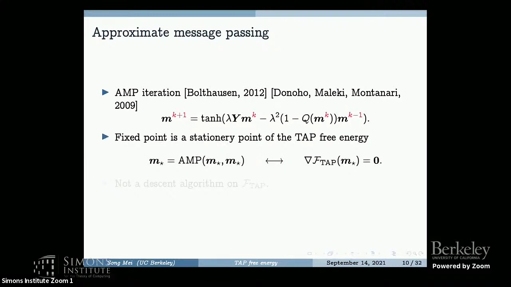Another basic property of AMP is that a fixed point of AMP corresponds to a stationary point of the TAP free energy, just by trivial algebra. Another property is that AMP is not a descent algorithm on the TAP free energy. It's not like gradient descent on the TAP free energy. It's doing some other things.